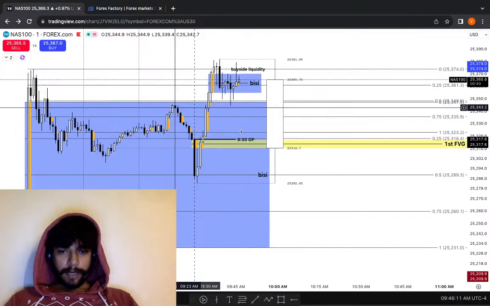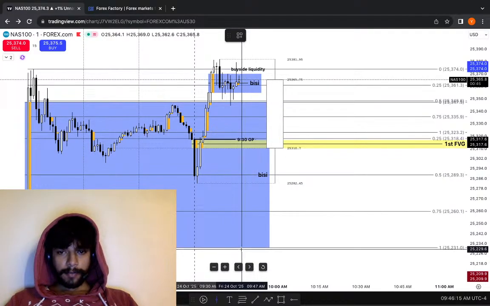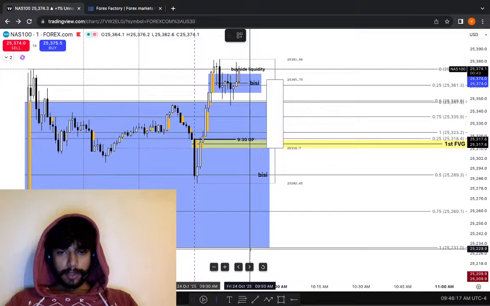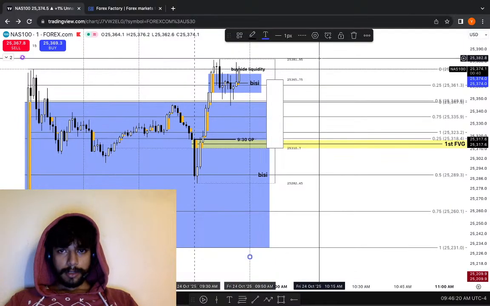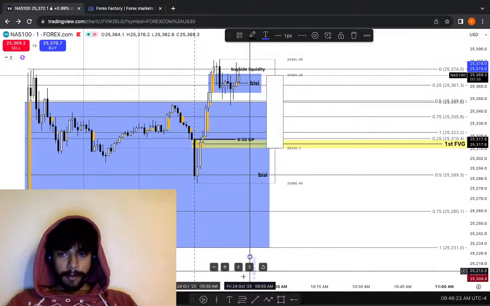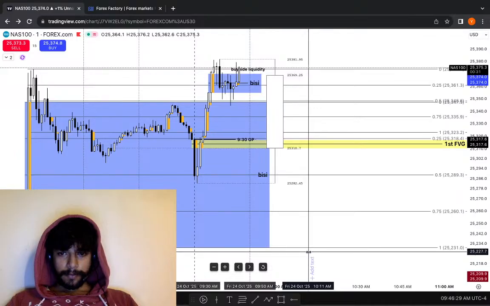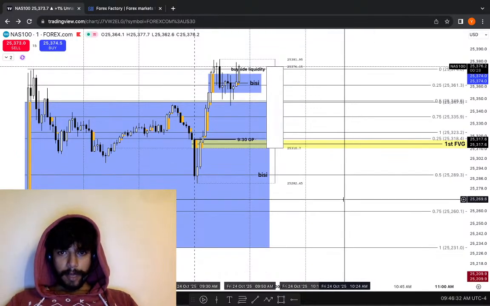Now we have the 9:50 to 10:10 macro. That will be very interesting to see how they are going to play that out. So this is 9:50. We still have 4 minutes to go for this macro to start.